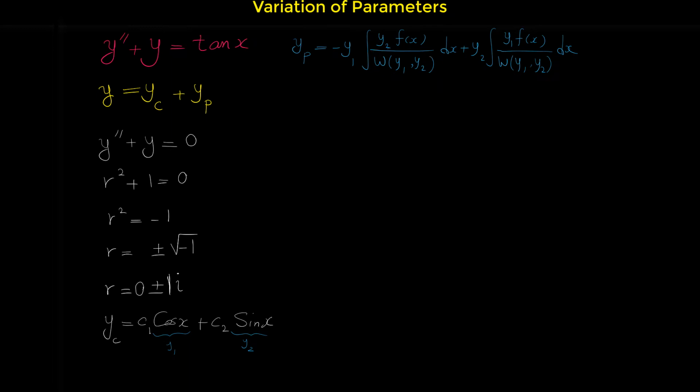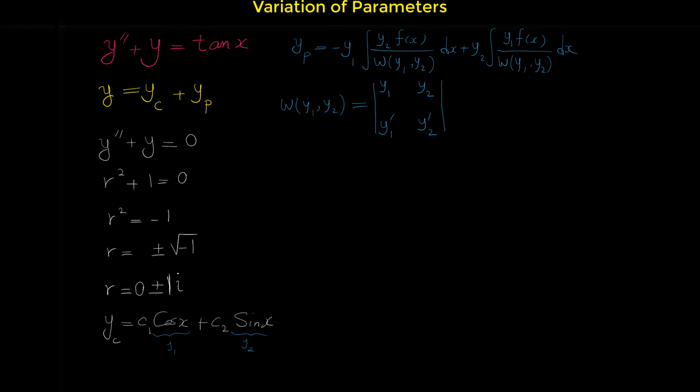And what is the Wronskian of y1 and y2? This equals this determinant. First, you put the two functions in the first row, and the derivatives of those functions in the second row, y1' and y2'.